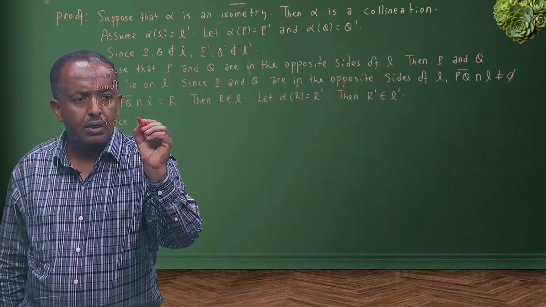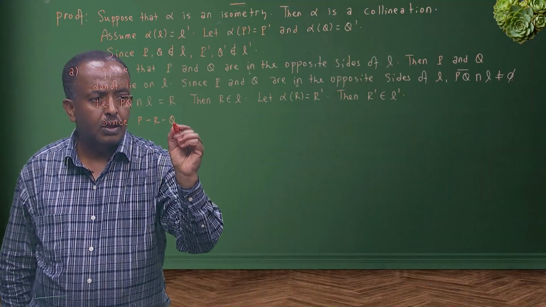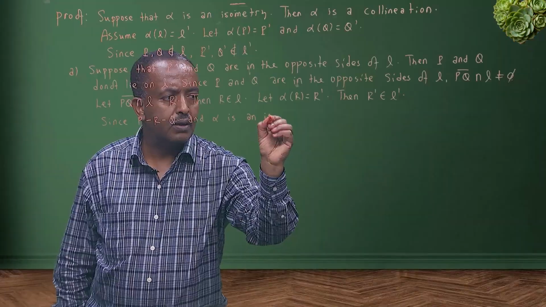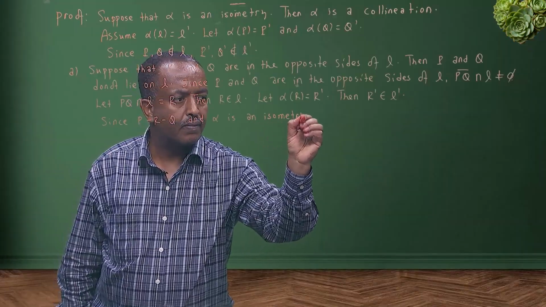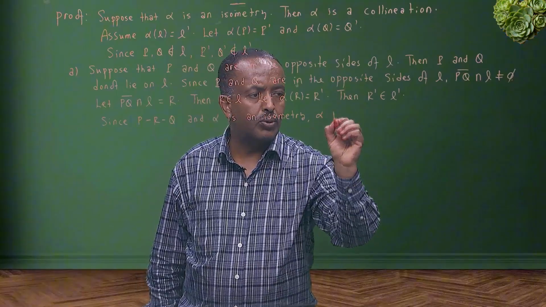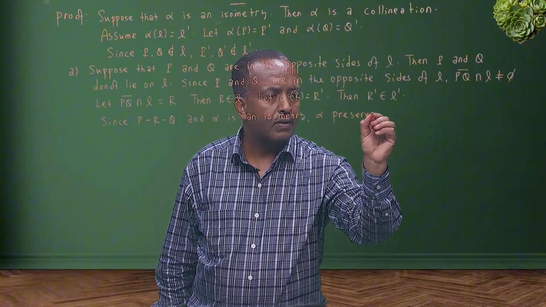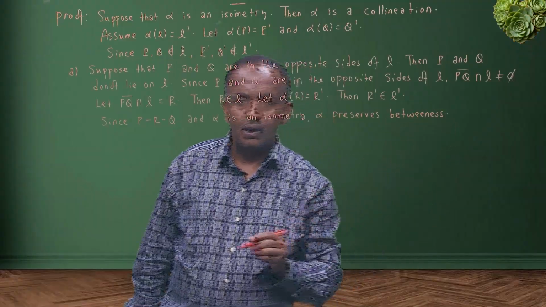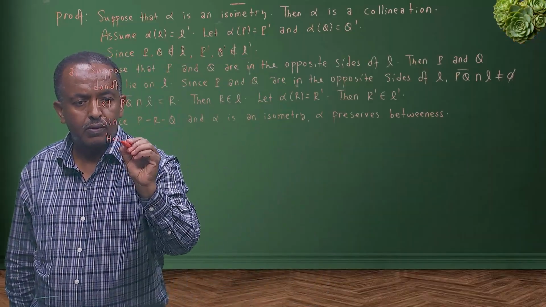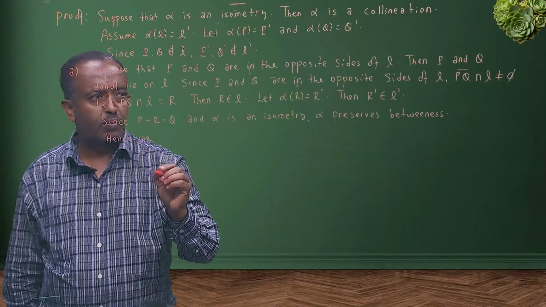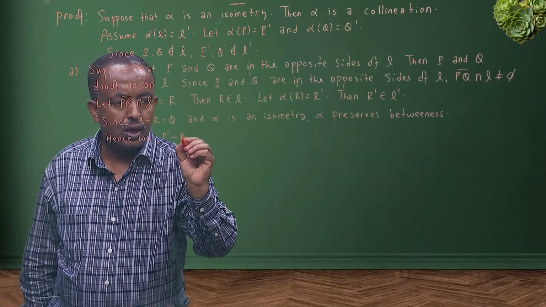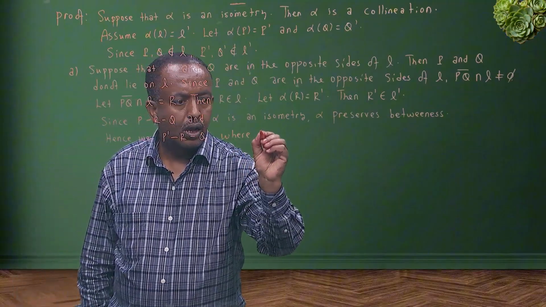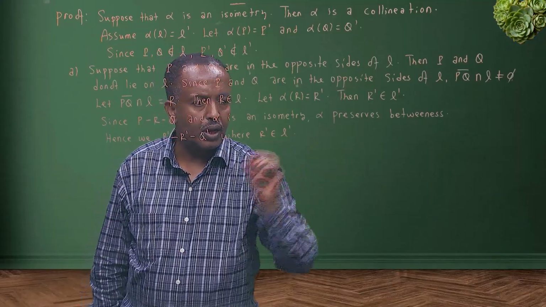Since again P R Q and alpha is an isometry, alpha preserves betweenness. Hence we have alpha of P, which is P prime, R prime, Q prime, where R prime is an element of L prime.